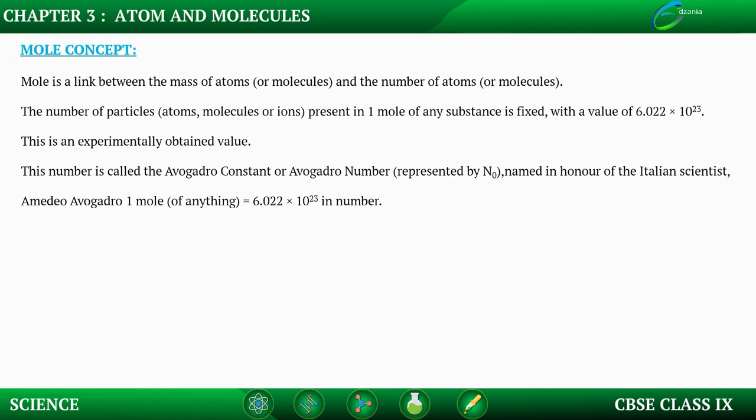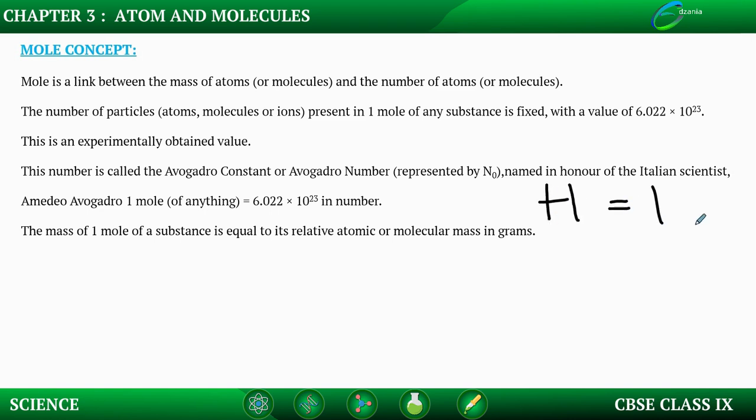The mass of 1 mole of a substance is equal to its relative atomic or molecular mass in grams. To get the mass of 1 mole of atoms of an element, the molar mass, we take the same numerical value but change the units from atomic mass unit to grams. Molar mass of an atom is also known as gram atomic mass. For example, the atomic mass of hydrogen is 1 unit.